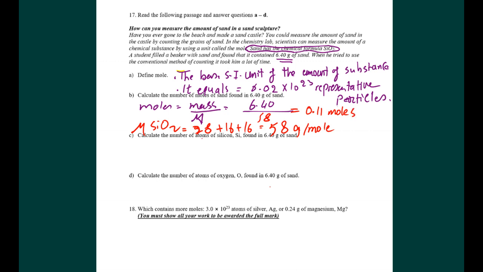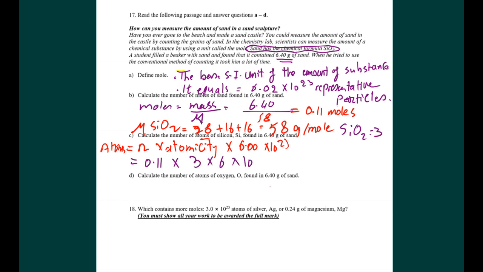Calculate the number of atoms. To calculate number of atoms, equal N, number of moles, times atomicity, times Avogadro's number, equal 0.11 number of moles, atomicity of SiO2 equal 1 plus 2, 3, times 6 times 10 power 23.